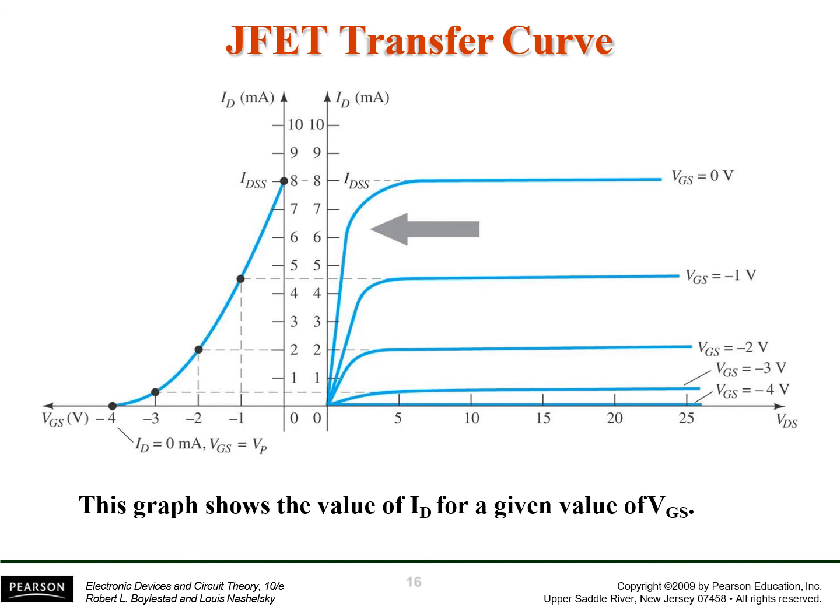As we increase the negative potential of VGS, as you can see on the left hand side, at minus 1 volt, the current would saturate at 4.5 milliamperes, as you can see in the diagram.